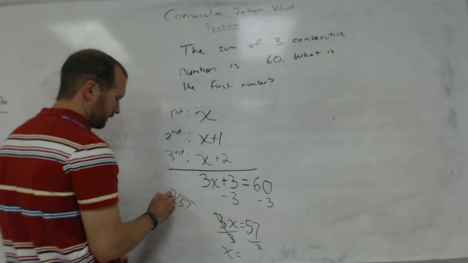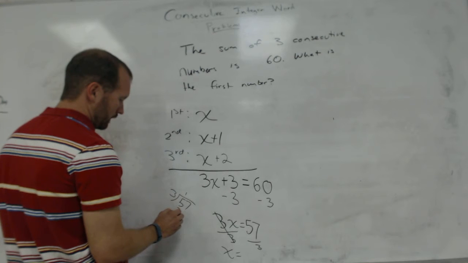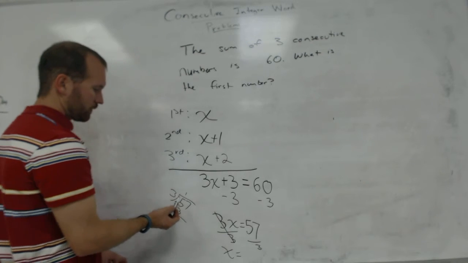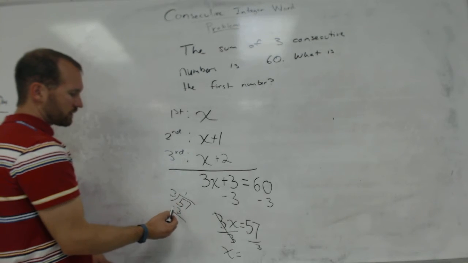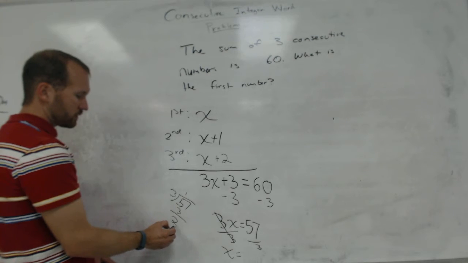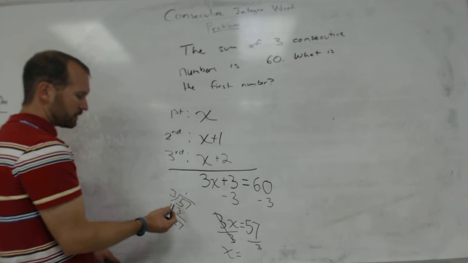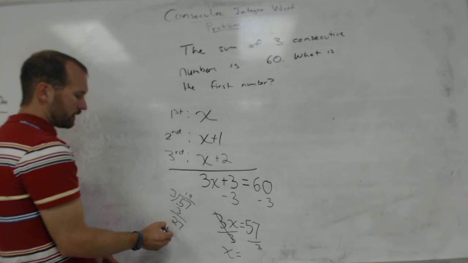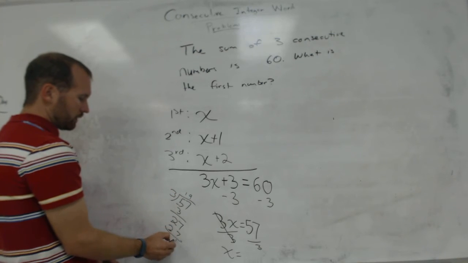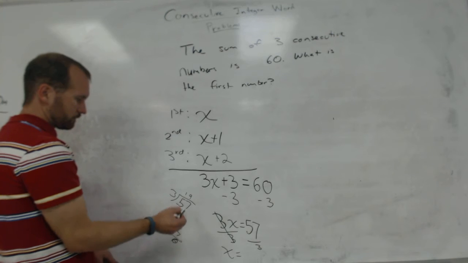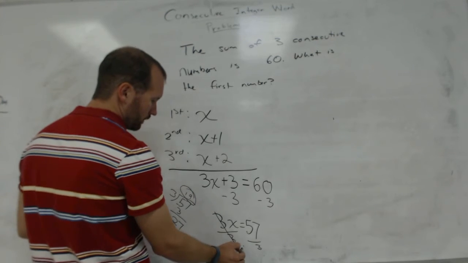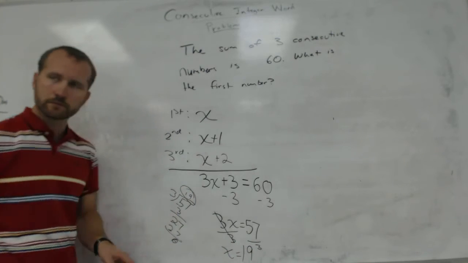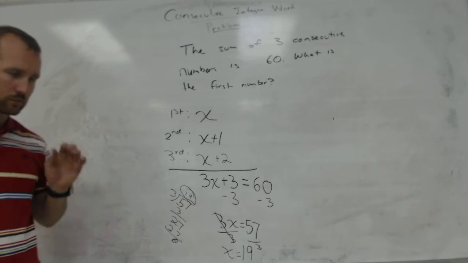Would it not give you a decimal? Let's see. 3 goes into 5 once. 1 times 3 is 3. 5 minus 3 is 2. Bring down the 7. How many times does 3 go into 27? 9. 9 times 3 is 27. There's no remainder, no decimal. X is 19. Right?